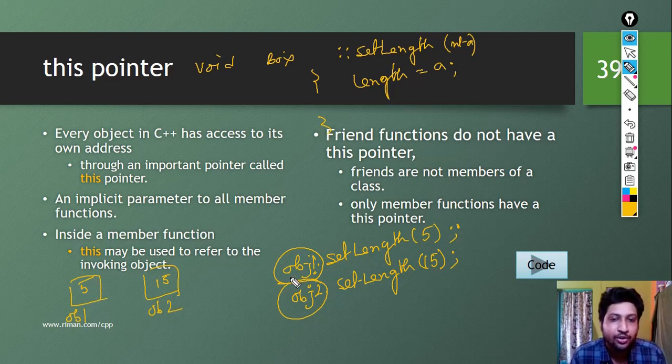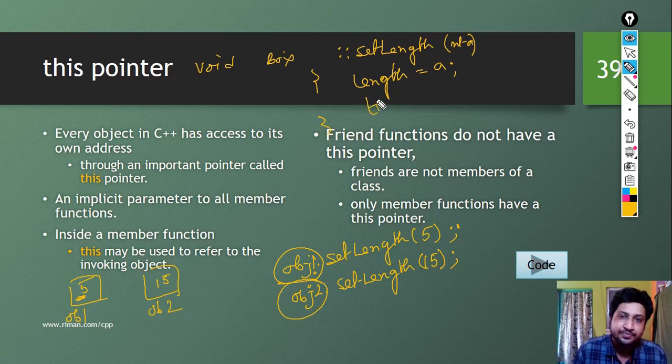Whenever we call object 1 dot set length, this length refers to object 1's length, and whenever we call object 2 dot set length, this length will refer to object 2 dot length, and we can actually get the object as well.